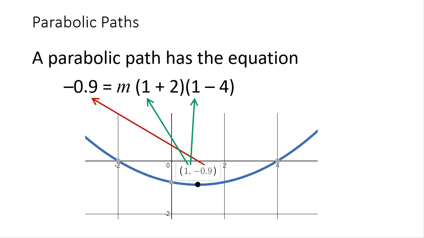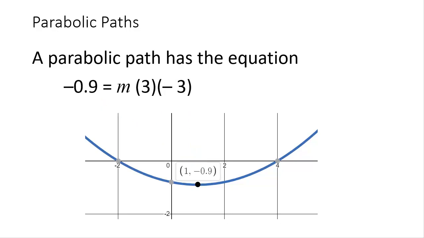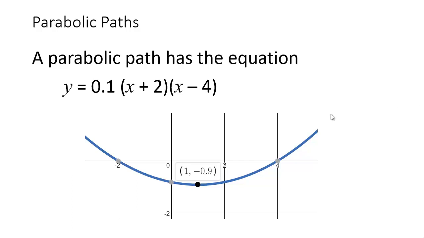So if we substitute the x values into our equation and the y value into the equation at the matching point, we get that, which solves to give that, which tells us that m is 0.1. So the equation for our curve here is this: 0.1, the steepness, which we calculated from our given point, and the other 2 points from the intercepts.